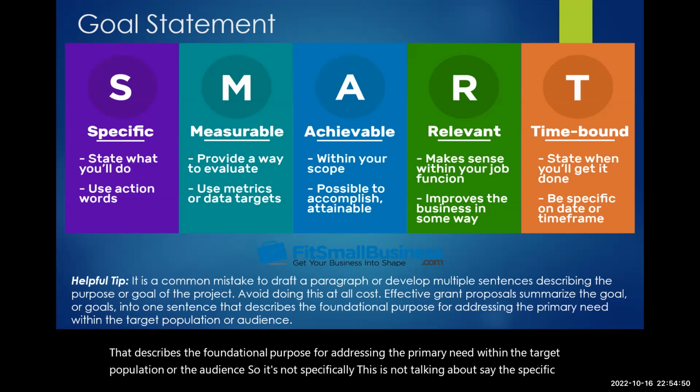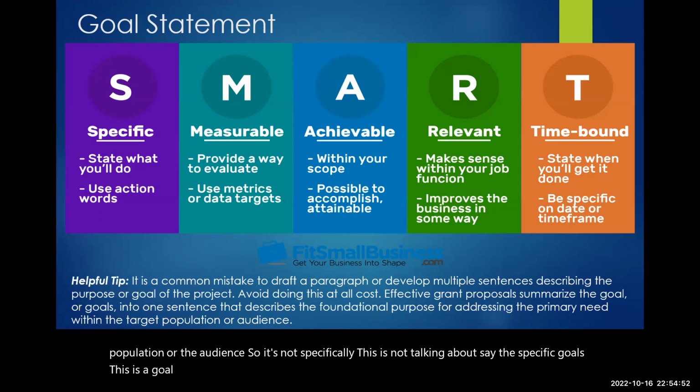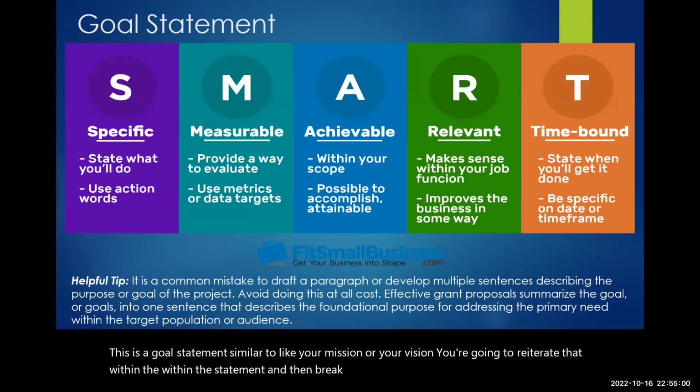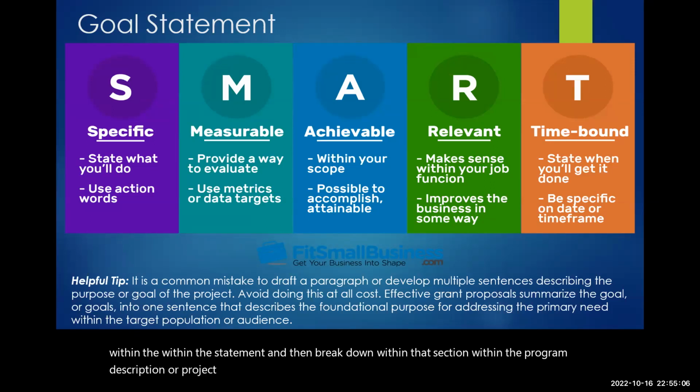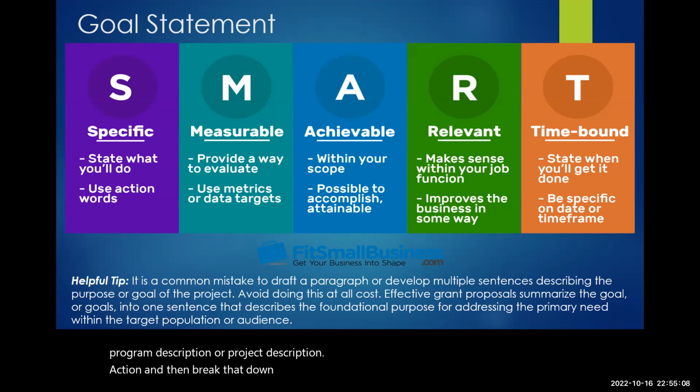This is a goal statement, similar to your mission or your vision. You're going to reiterate that within the statement, and then break that down within the program description or project description section into goals, objectives, and so forth. And we'll talk more about those.